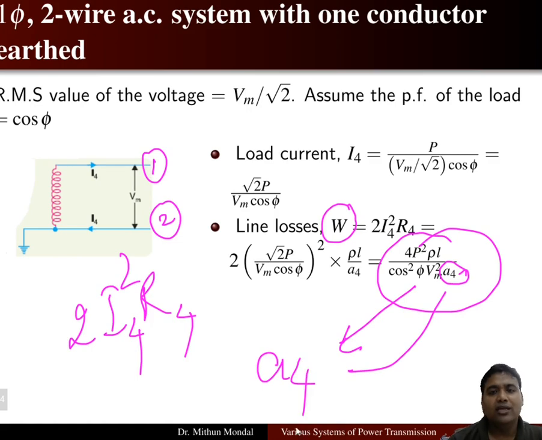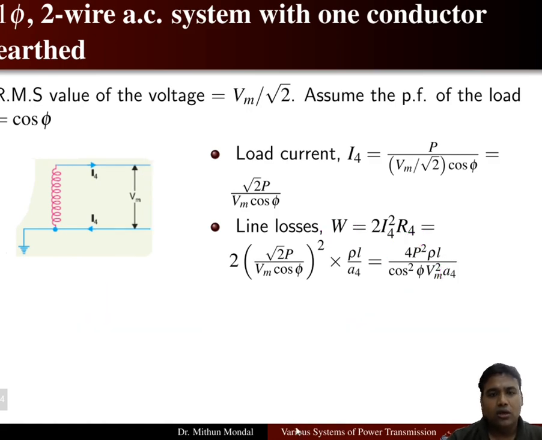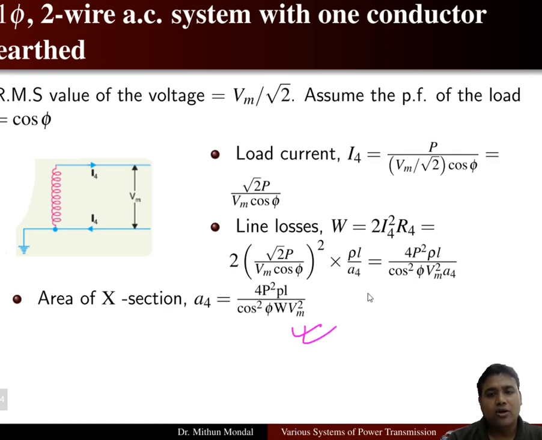Determine the area of the cross section. The area of the cross section is this quantity: 4P square rho L divided by cos square phi W into Vm square.